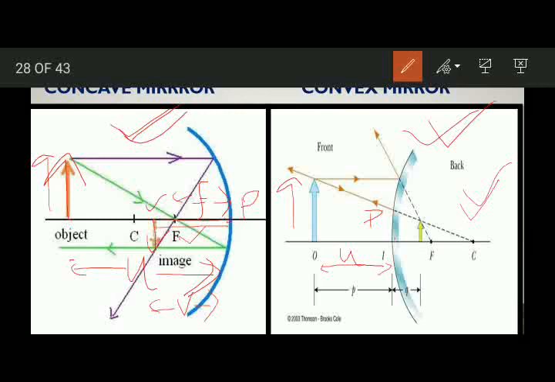So the distance between P and F is small f, that is focal length. Now the image is formed here, so this distance is the image distance. Hope it is clear.